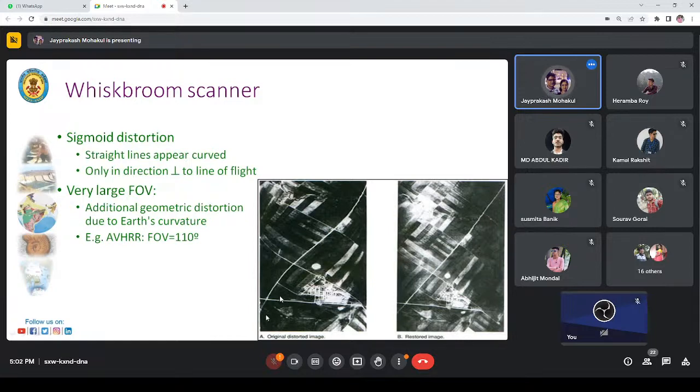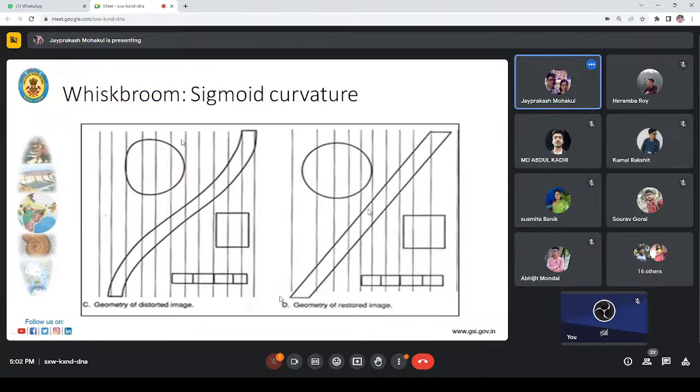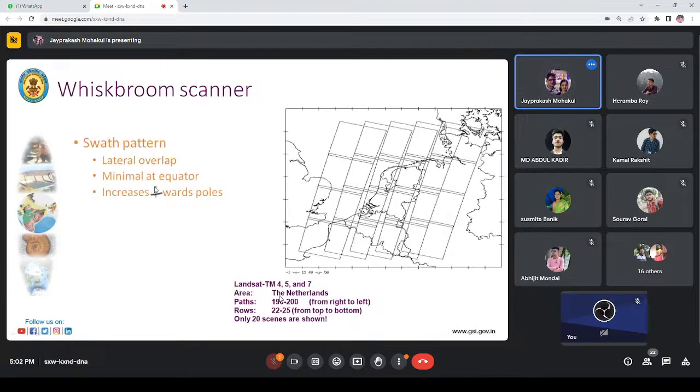You don't get this original distorted image. So these are the sigmoid curvature problem and geometrical distortion which take place in this case. A square may look like a rectangle. A straight line looks sigmoid. A circle or ellipse looks like something bulged up at the center, right?